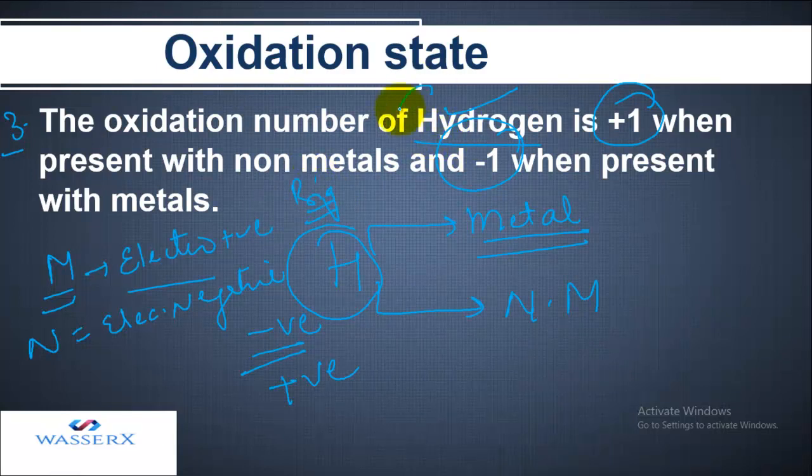So if we combine hydrogen with metal, in comparison to a metal, it is much more electronegative. That is why its oxidation state is written as negative. But if it is combining with non-metals, it is comparatively electropositive, or you can say less electronegative. So that is the reason its oxidation state is written as positive, that is +1.